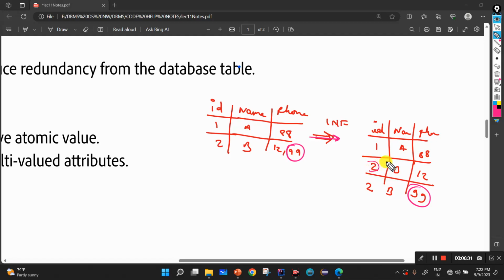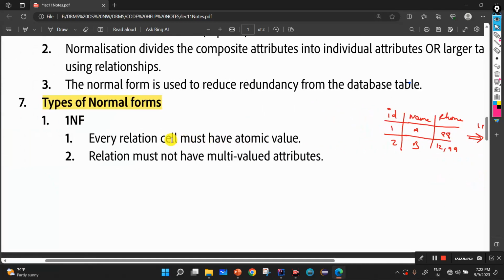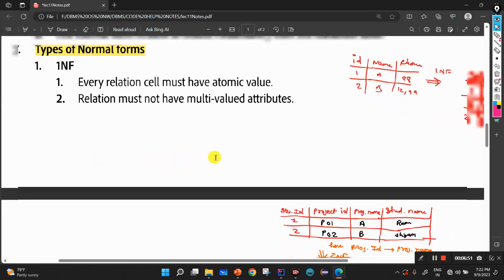The rest of the thing is the same. This is our conversion of the table into 1NF, because there was an anomaly, which is the multi-valued attribute. So 1NF says that if there are multi-valued attributes, you have to convert them into single-valued attributes. A relation must not have multi-valued attributes. This is 1NF.